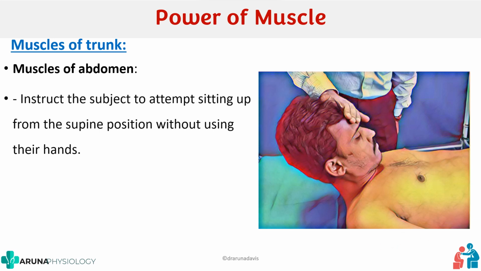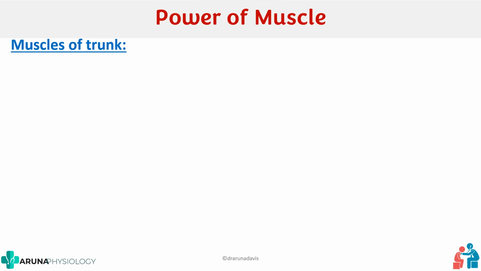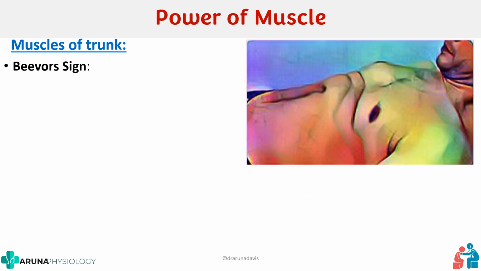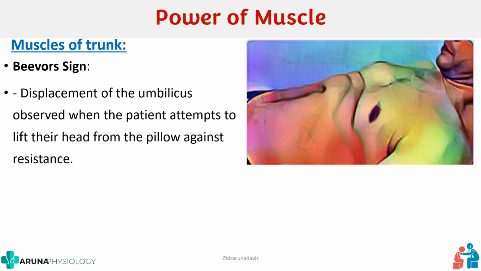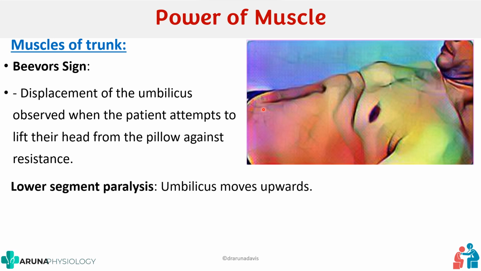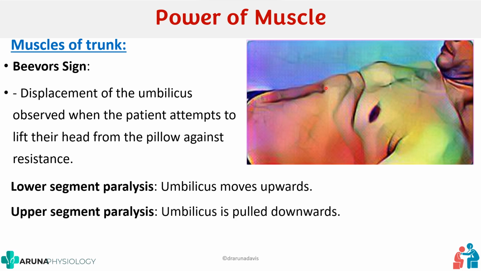So you can apply resistance over the forehead and ask the subject to sit up from the supine position. Now there is another sign here called Beevor's sign. So what is Beevor's sign? Suppose there is a paralysis of the abdominal muscles. In that case, there will be displacement of the umbilicus when the patient attempts to lift their head from the pillow against resistance. Here you can see that the umbilicus is not central. If it is a lower segment paralysis, the umbilicus will move upwards, whereas if it is an upper segment paralysis, the umbilicus will be pulled downwards.